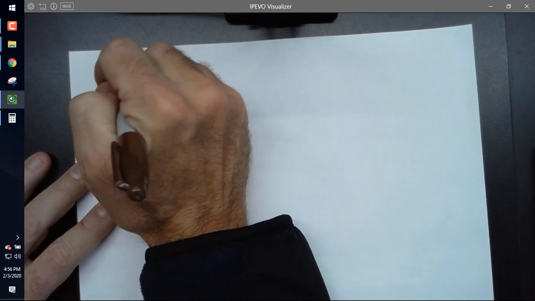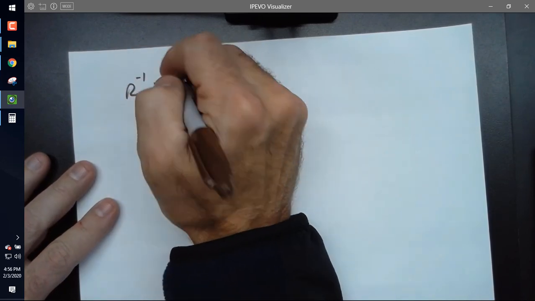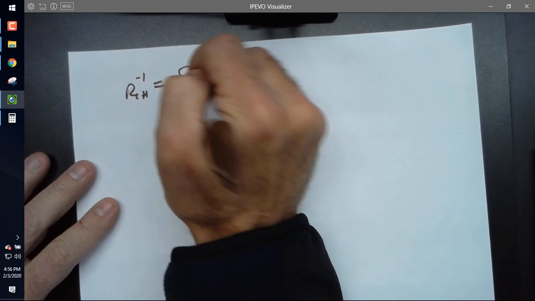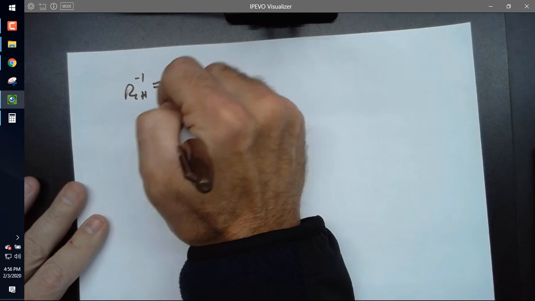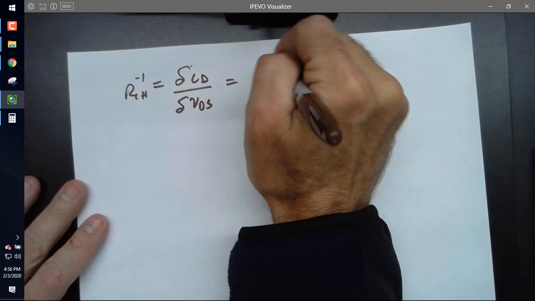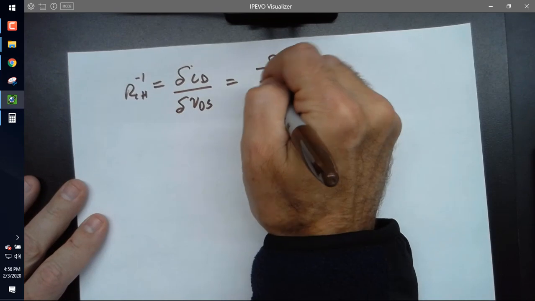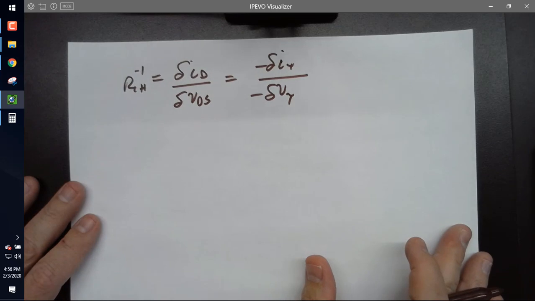So we'll write R channel is equal to the derivative of ID with respect to VDS, which is equal to minus the derivative of I test over minus the derivative of V test. Right? So far, so good.